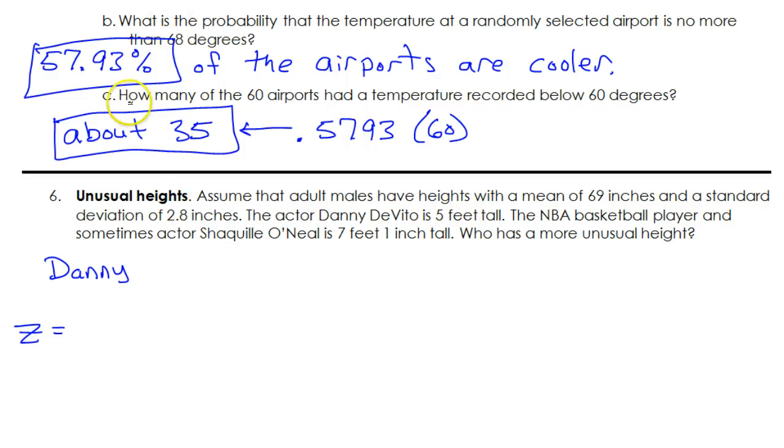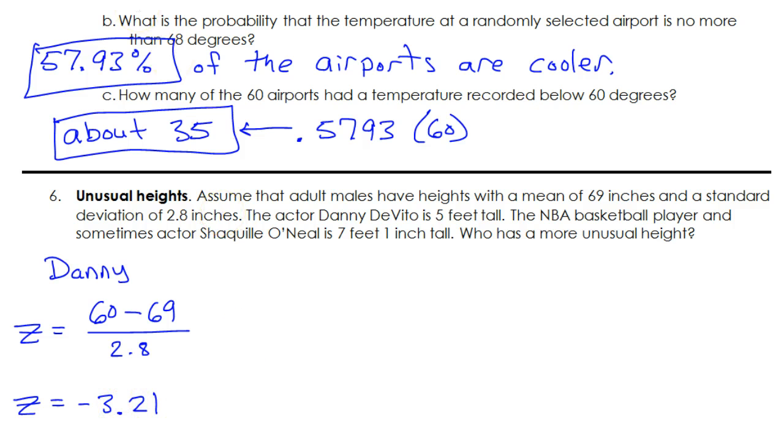So 60 inches minus the mean of 69 inches divided by the standard deviation of 2.8 will give us the z-score for Danny. Negative 3.21. Danny's height is 3.21 standard deviations below the mean. That's very, very low.